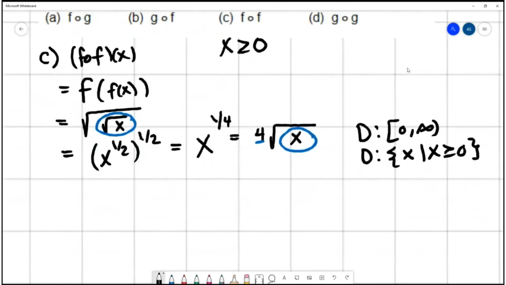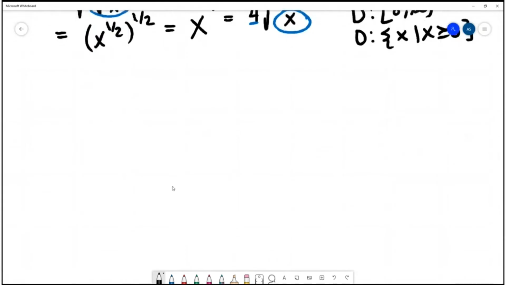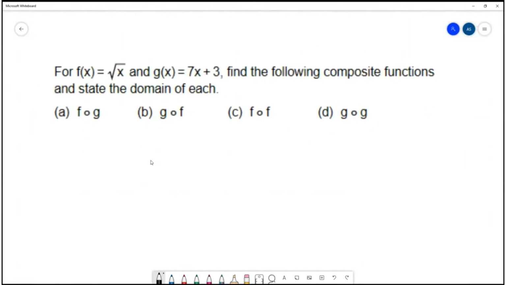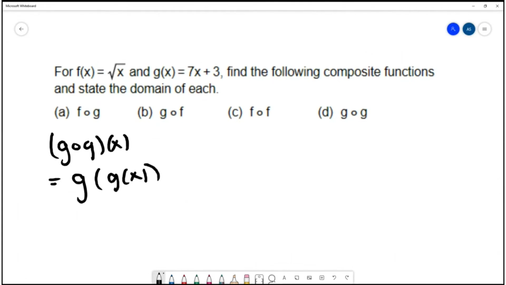Okay, one last example, g composed with g. g composed with g of x is g of g of x. And we want to take 7x plus 3 and substitute it back into 7x plus 3.